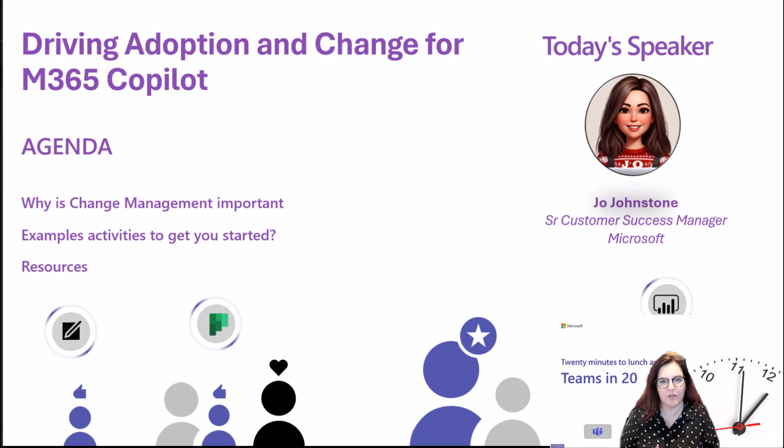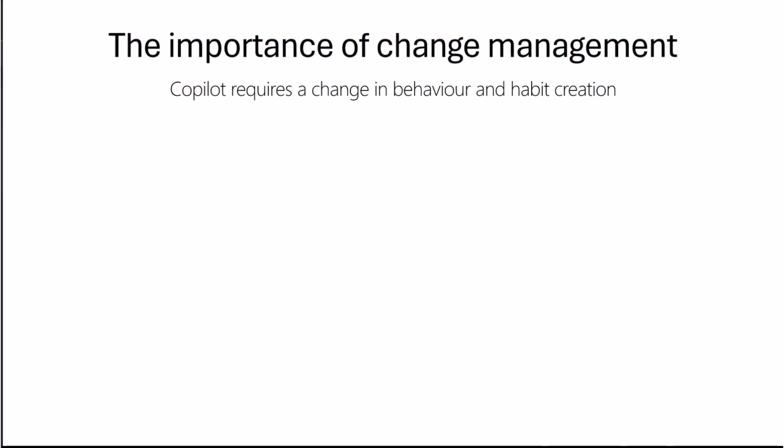We want to make sure everybody knows the rules. We want to make sure everybody's trained. We want to make sure everybody knows why they want to use it, why they might not want to use it. And we want to get people started. So with that structure in place, with the change management plan in place, that's going to set us up for success.